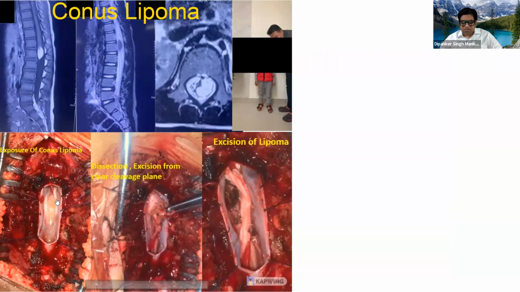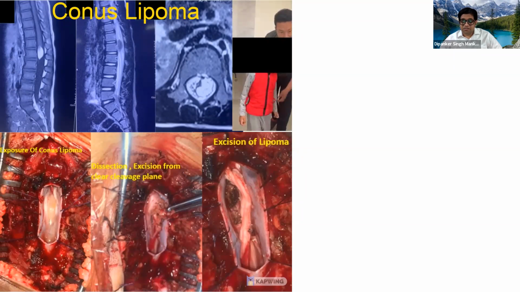But the good thing was the nerve roots were on both sides of this lipoma, and I could make a cleavage plane and remove almost the whole mass with minimum coagulation. It could be removed. And this is the child at 1 month after my visit. He did not have any additional deficit. So this was a lipoma in a very small child. It was removed completely.